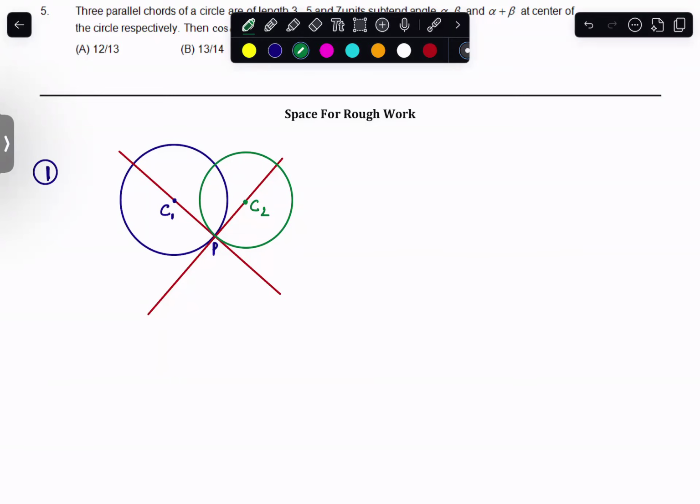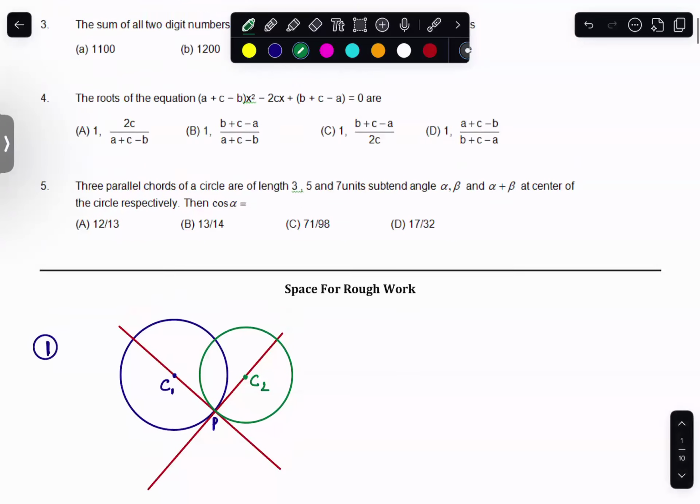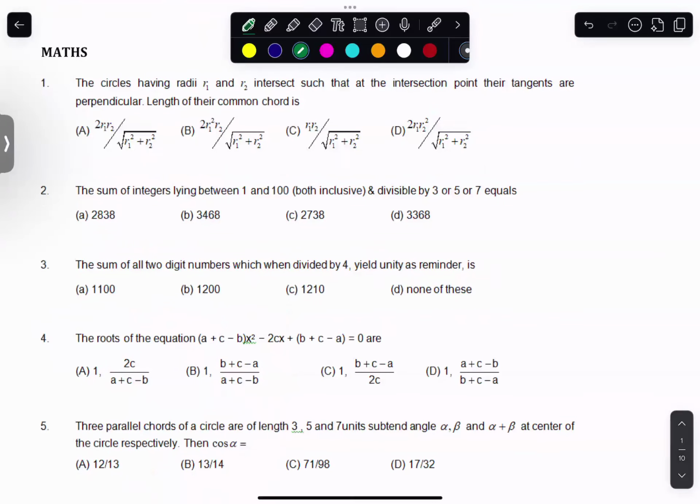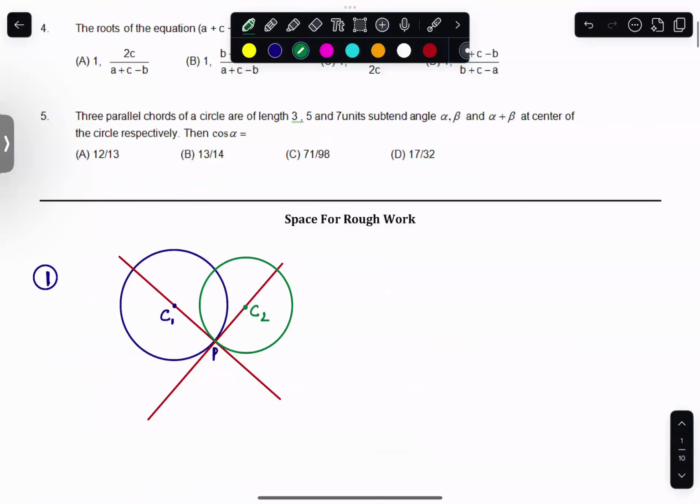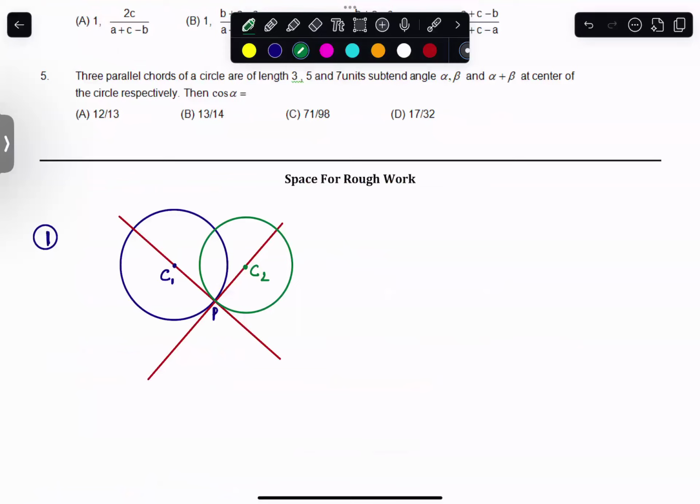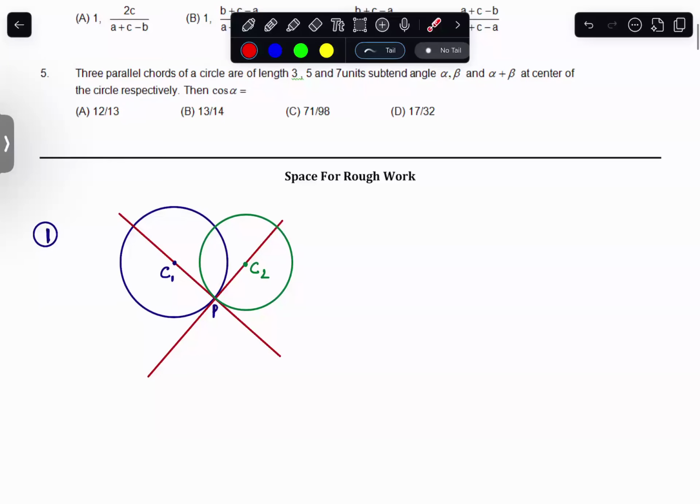It's been narrated that the circles having radius r1 and r2 and at the intersection point the tangents are perpendicular. So we can have PC2, this line basically, PC2 is tangent to the blue circle and PC1 is tangent to the green circle, P being considered their intersection point.